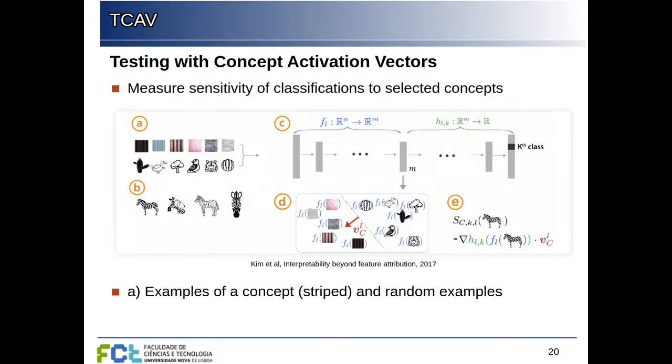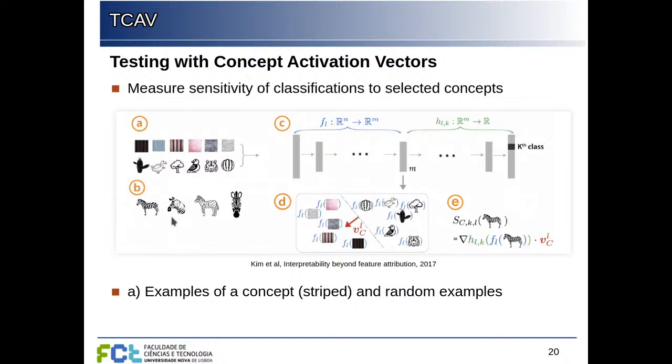And the concepts here are defined by a set of examples. Suppose that we have a classifier that classifies some examples as zebras. So zebras are this class K here. And we want to see how important this striped pattern is for this classification.